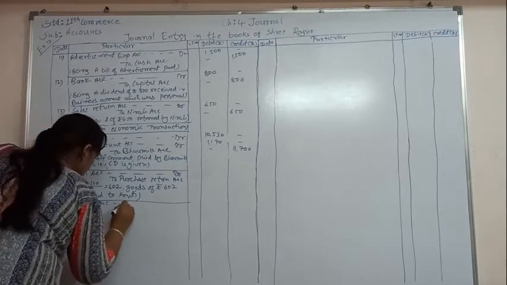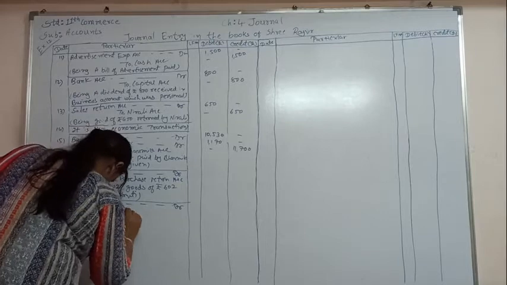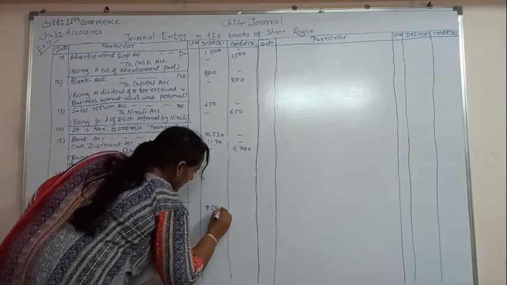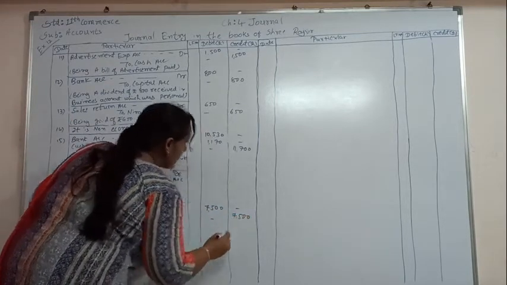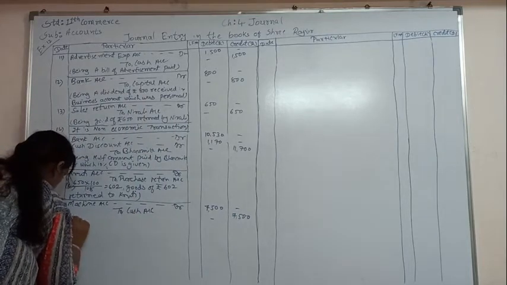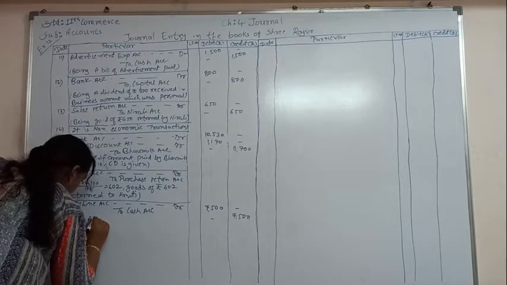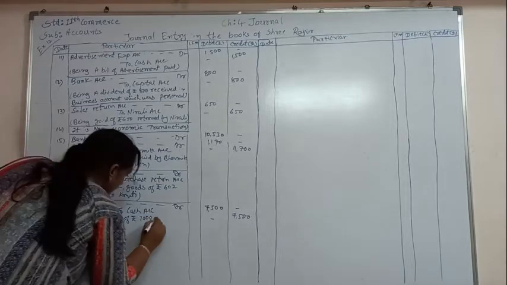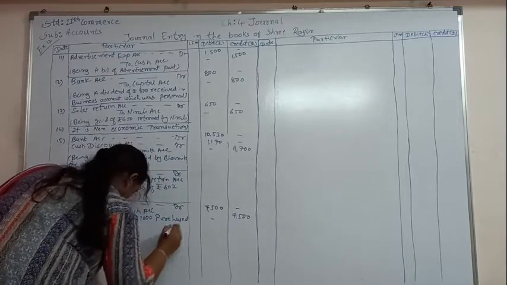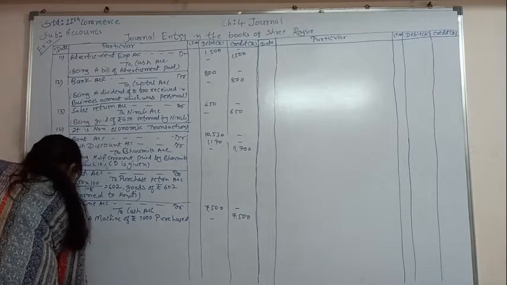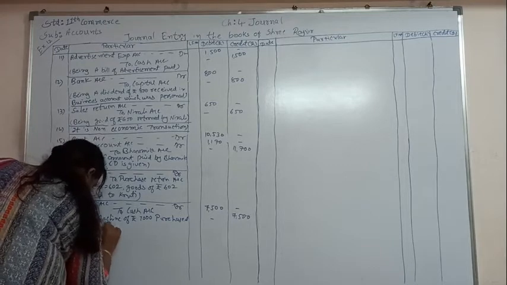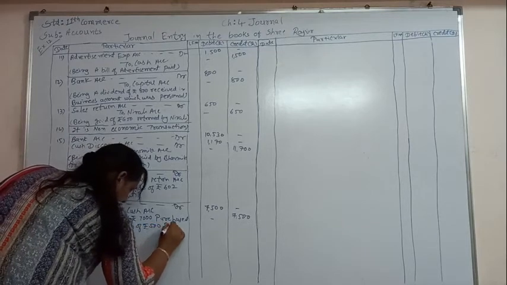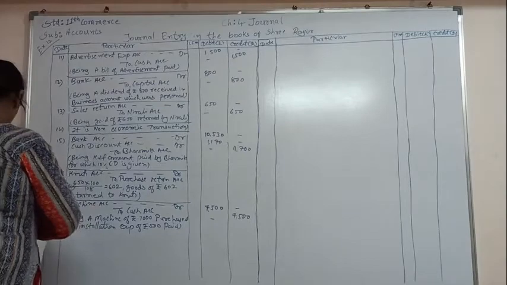Machine account debit to cash account, and the amount will be 7,500, being a machine of rupees 7,000 purchased, and installation expense of rupees 500 paid. So that was date number 17.